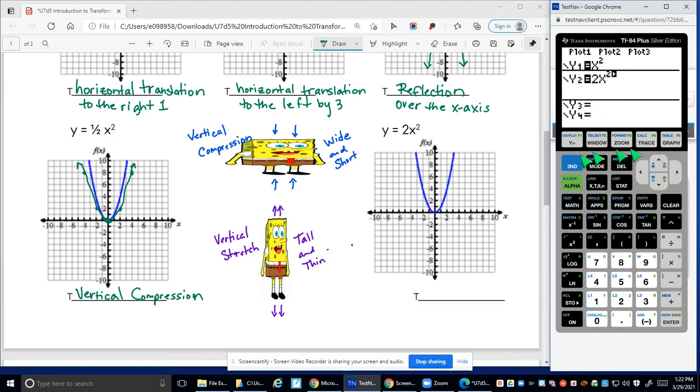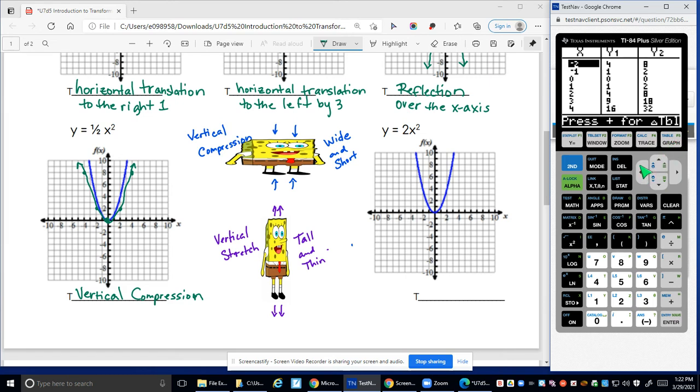All right. Second graph. I'm going to plot my points: -2, 8. Got it. Then -1, 2. Still 0, 0, so the vertex hasn't really moved anywhere. Then 1, 2, and then 2 and an 8.